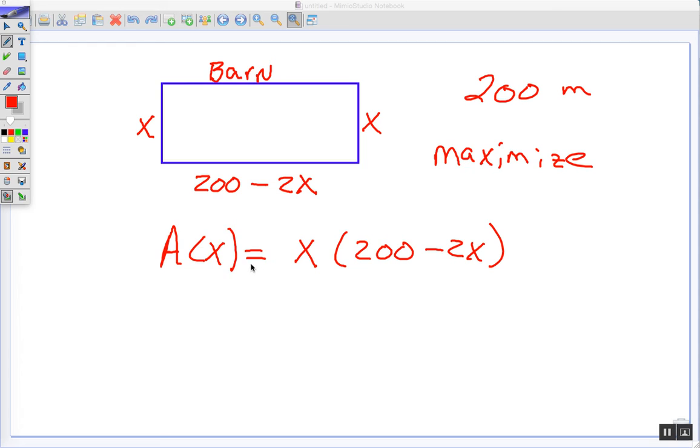So if we were to solve this and identify the maximum point on that parabola, we would know the maximum area that we could enclose this section of property. And we would also know what these side lengths are going to be as well. So we're not going to solve this right now, but I just wanted you to see one of the ways in which quadratics can be used to help in a real-world type scenario.